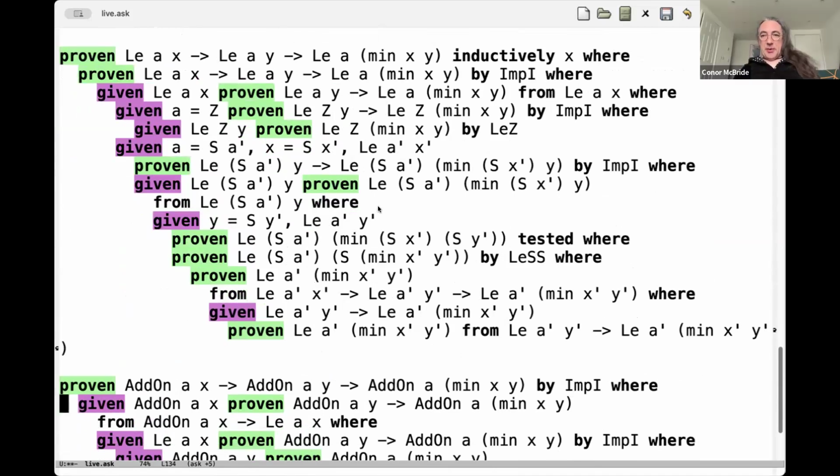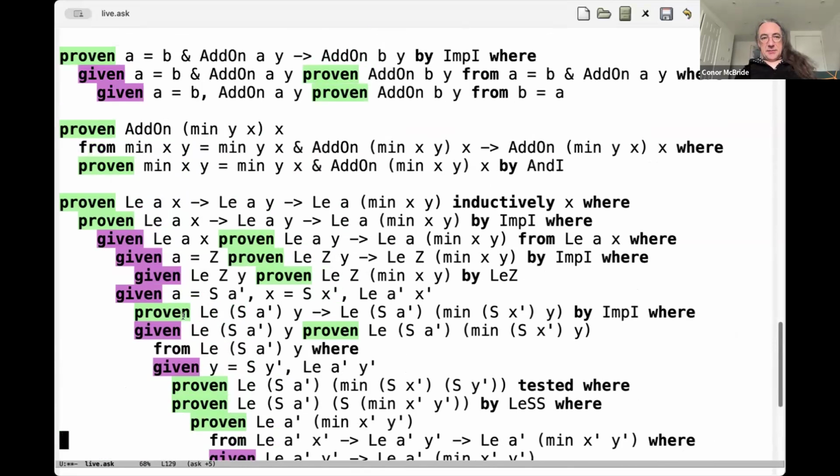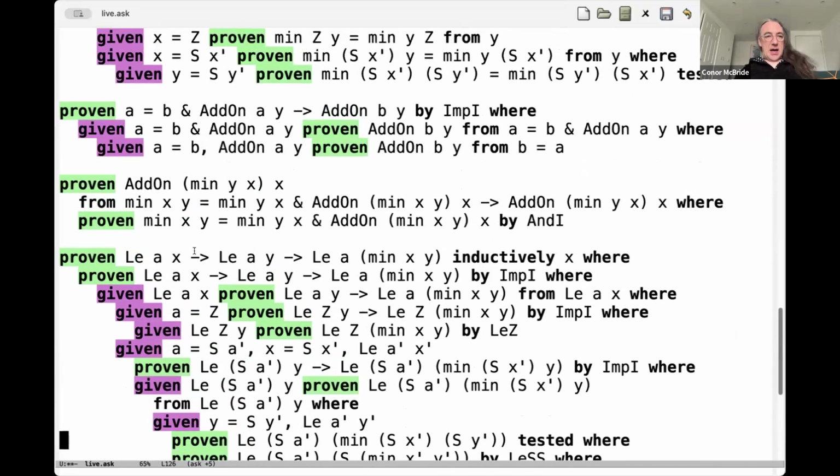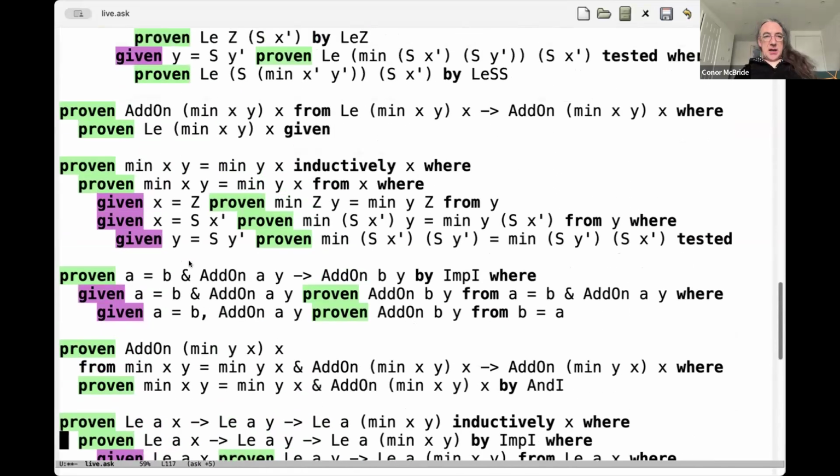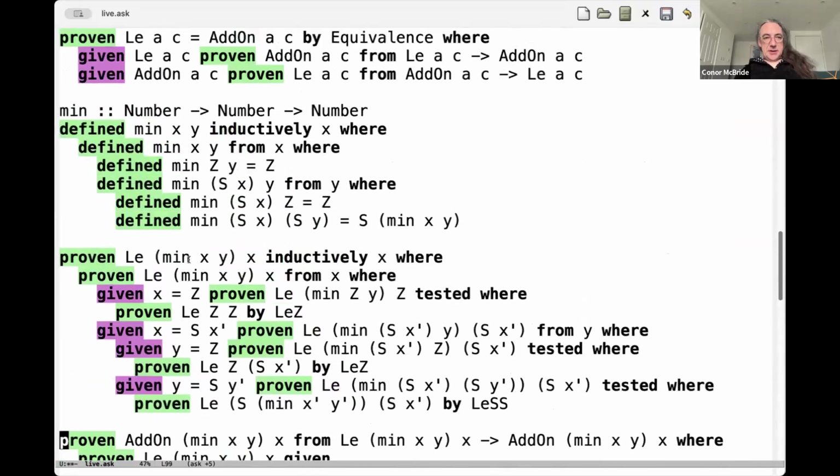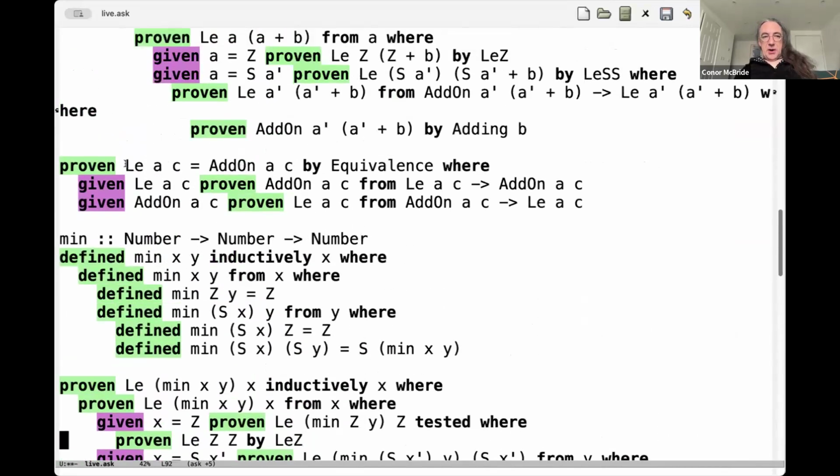Yes, it sometimes will happen. Here we had already established that these two are equivalent.